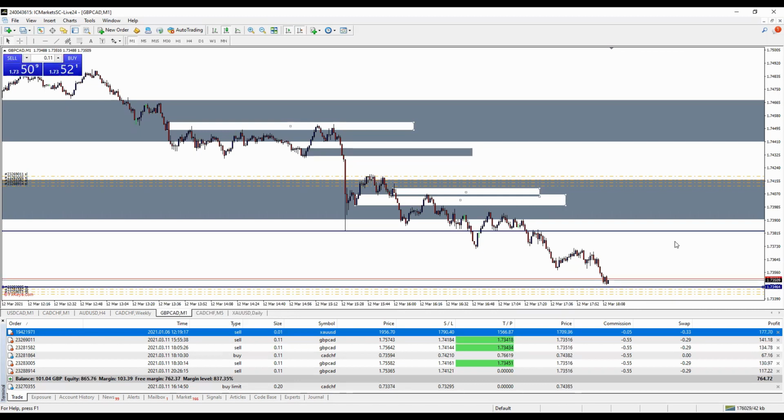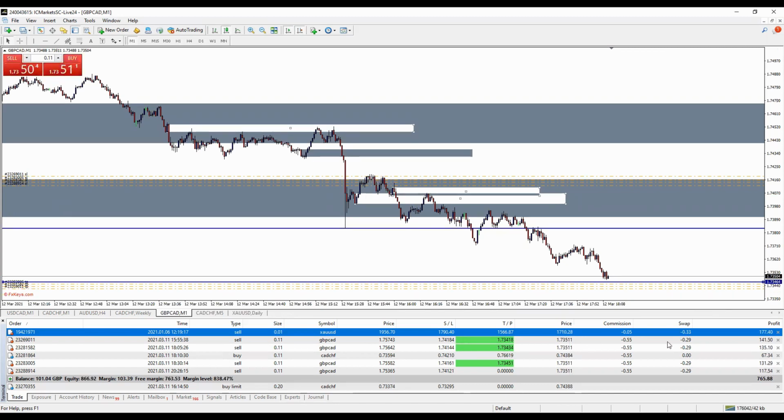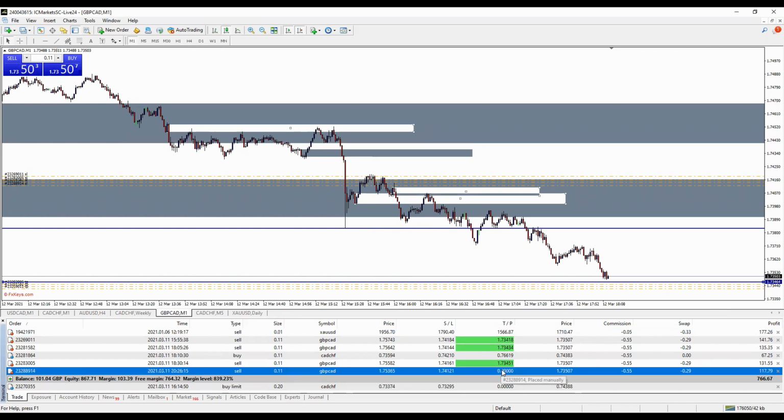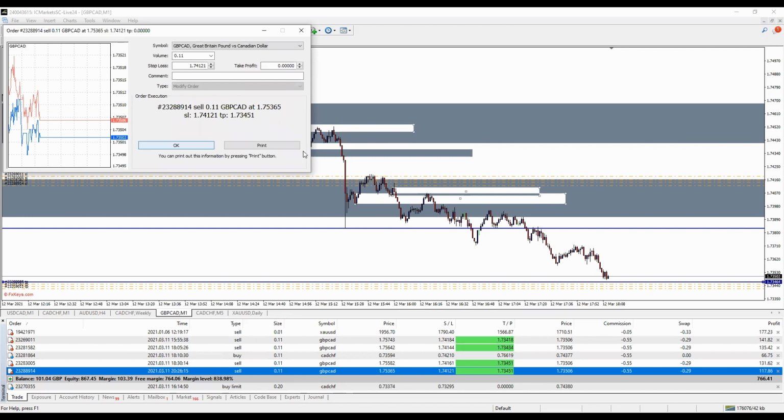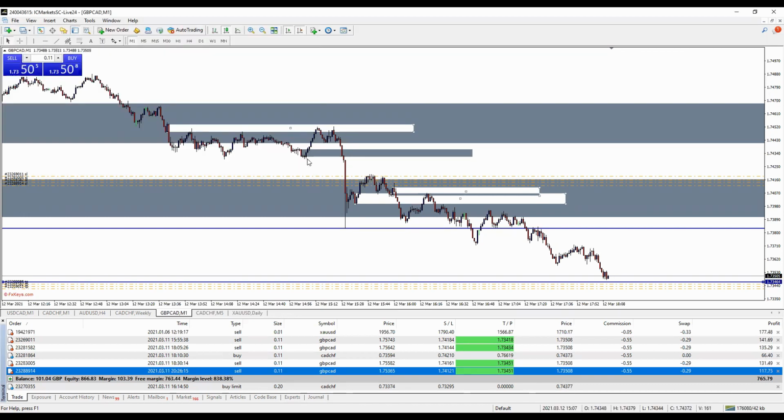It's about to touch it, or just about. So we should get all trades closing. Let's just make sure all of our take profits are there. Okay, this final trade doesn't have the take profit, so I'll put it there. So we want 1.73451. All right. Okay. And this is what we're going for. So price should hit the target any minute from now.